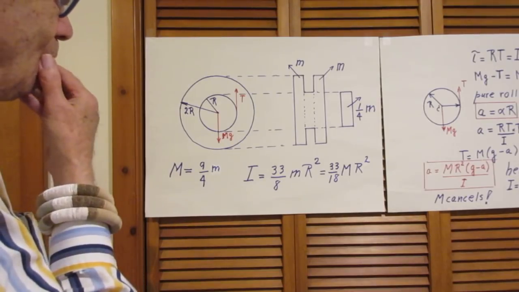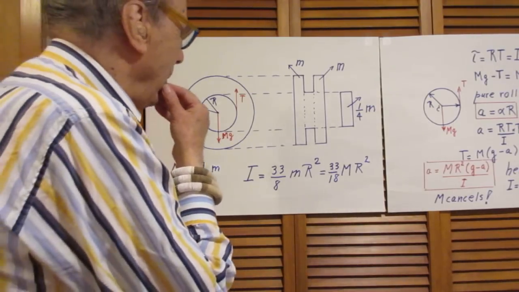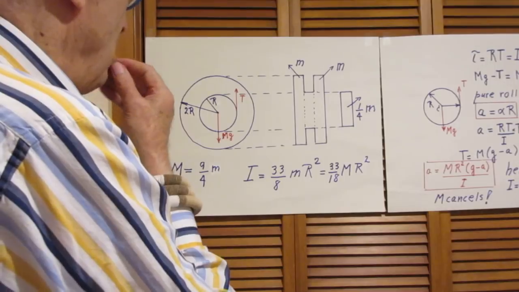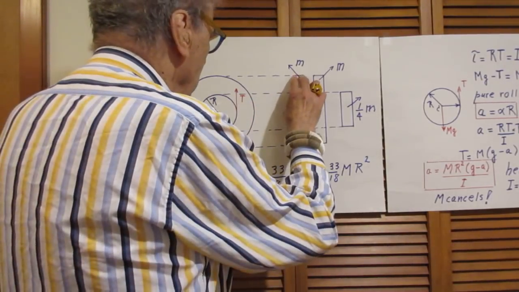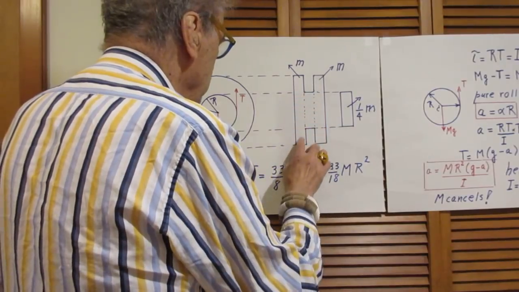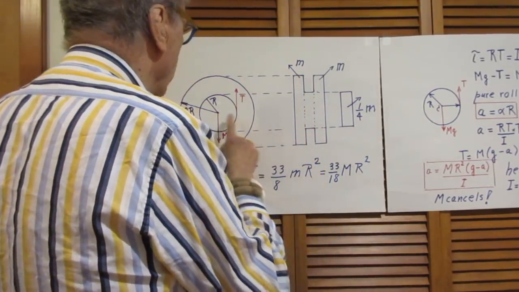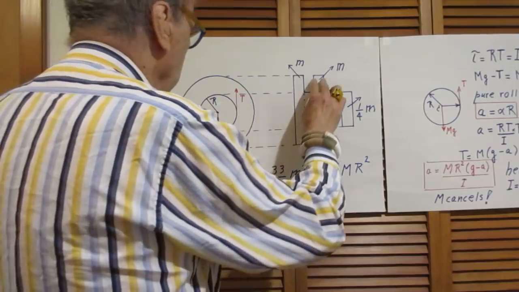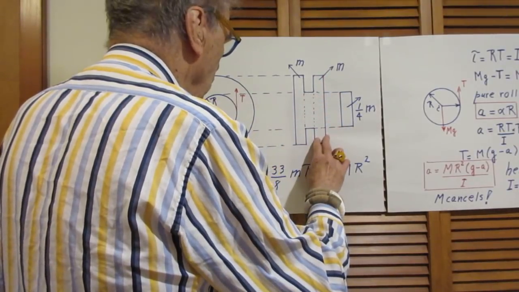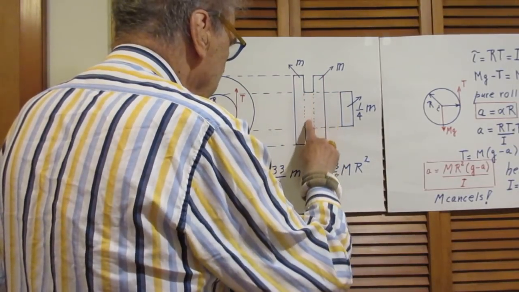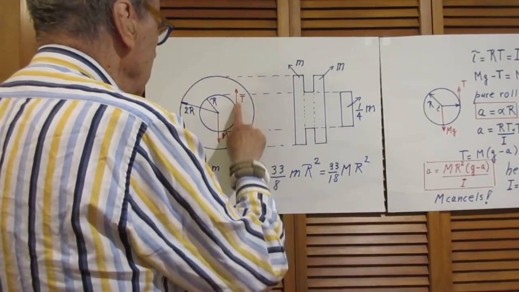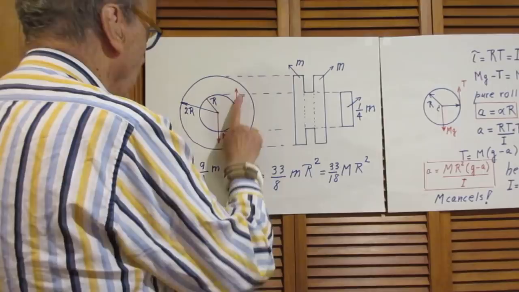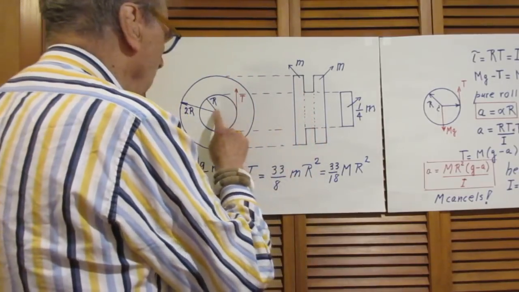So perhaps you remember that we will assume that this disc has radius 2r, this disc also 2r, and the inner one, which is the one to which the string is attached, vertically up, the inner one has radius r.